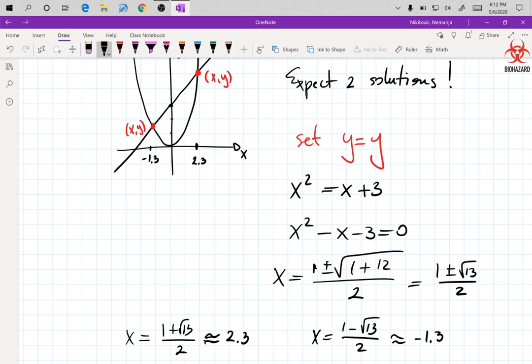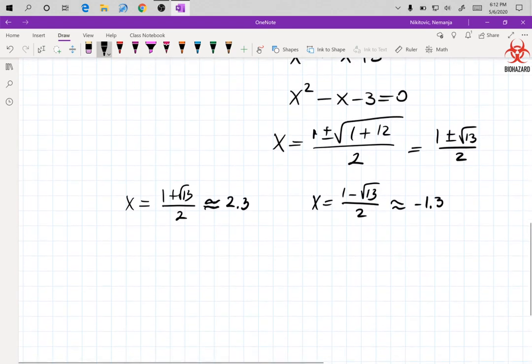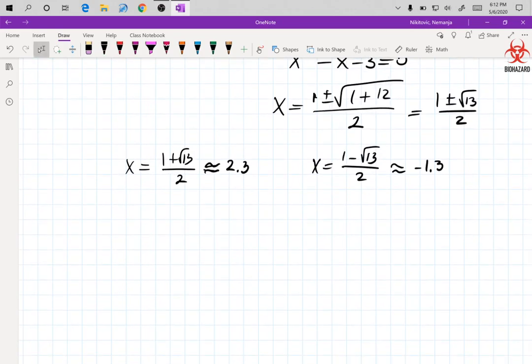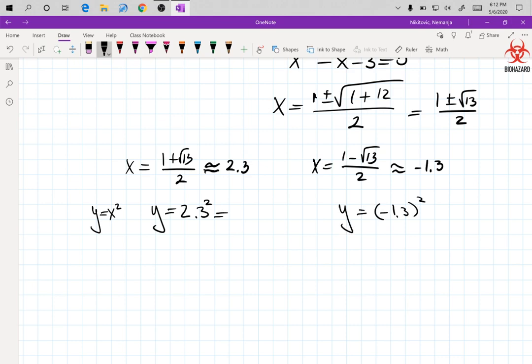Now you are supposed to calculate y values as well. That's very easy to calculate because you have that y is equal to x squared. So for x equal to 2.3, y is 2.3 squared, and over here x is negative 1.3, so y is negative 1.3 squared. You just run those in your calculator.